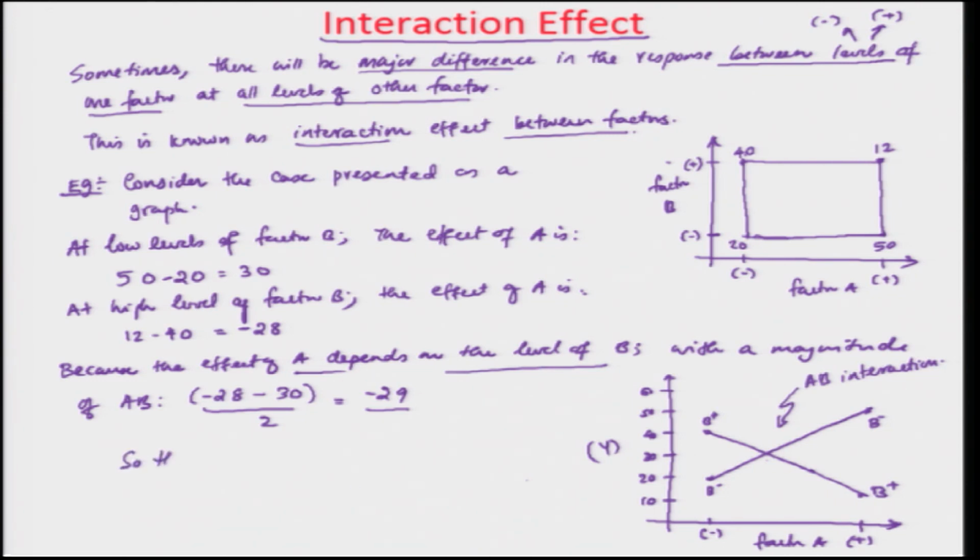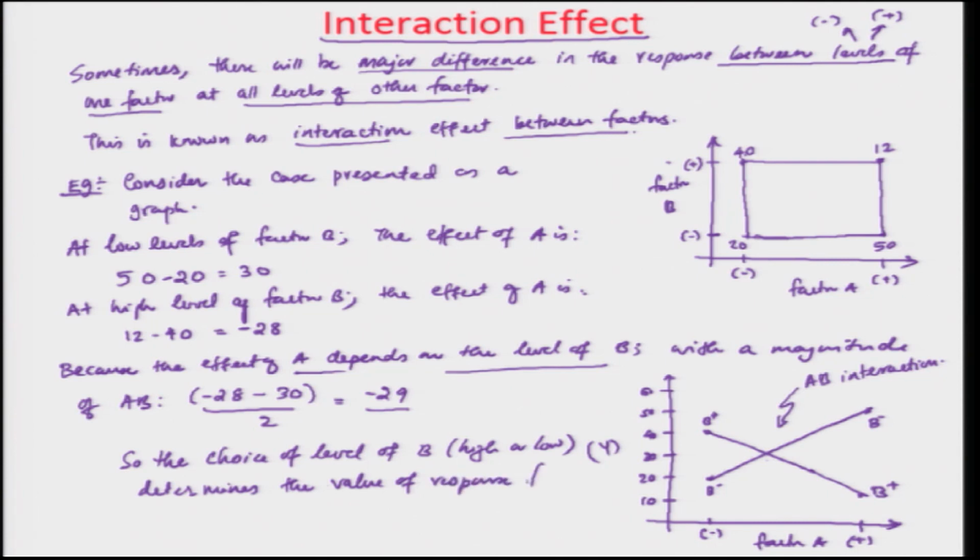So, the choice of level of B, high or low, determines the value of response for A. So, the value of response of A to some extent is dependent on the level of B. If B is at a low level, A is showing a growing increase.